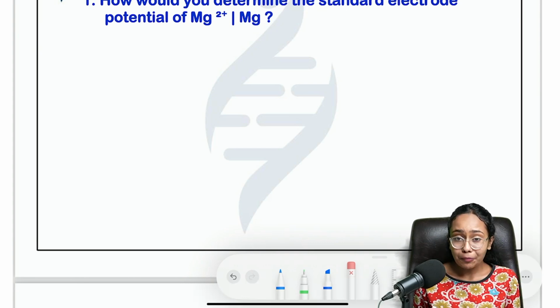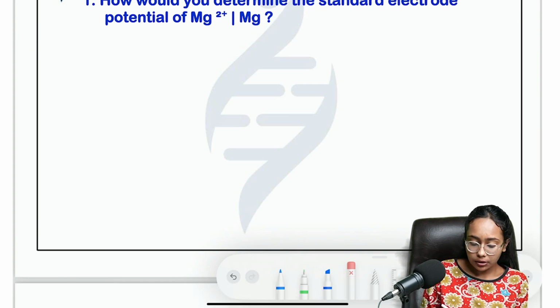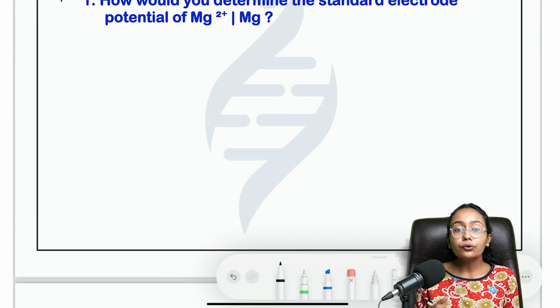So the first question is, how would you determine the standard electrode potential of Mg2+/Mg? Tell me, how are you going to determine the electrode potential of magnesium?